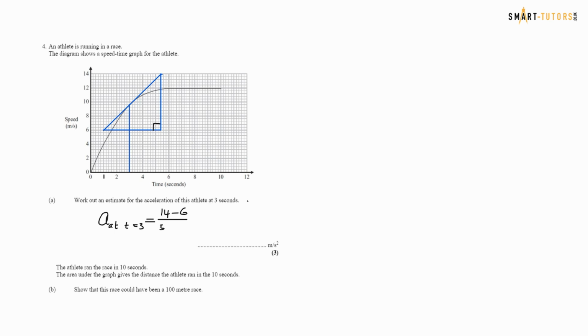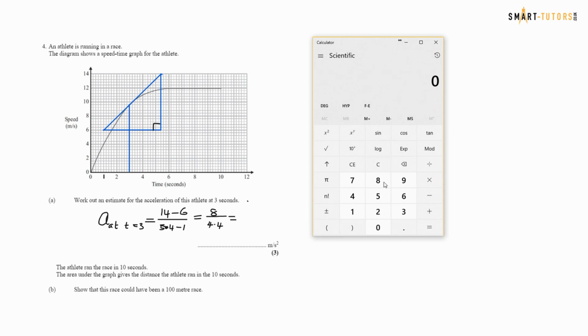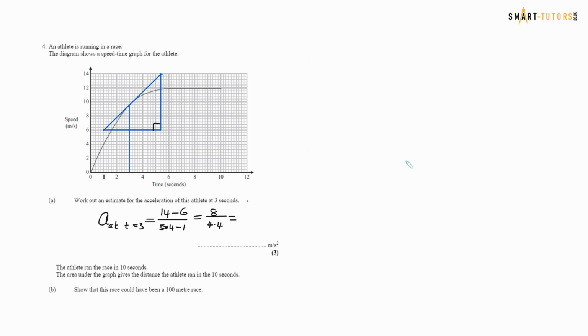So 5.4 take away 1. So this is 8 divided by 4.4, and that is the acceleration. Let me open the calculator. 8 divided by 4.4 is 1.82 meters per second squared.